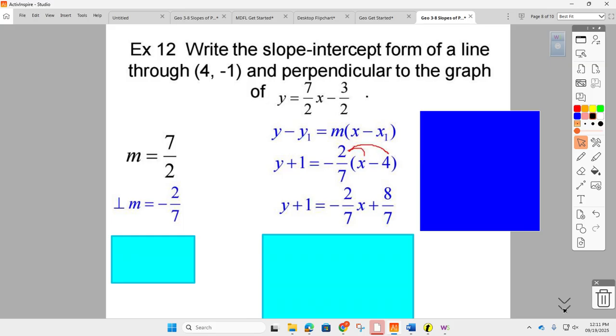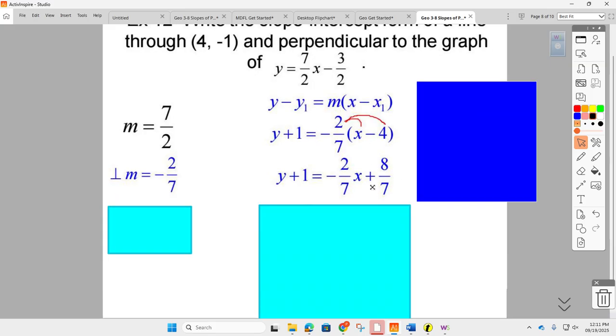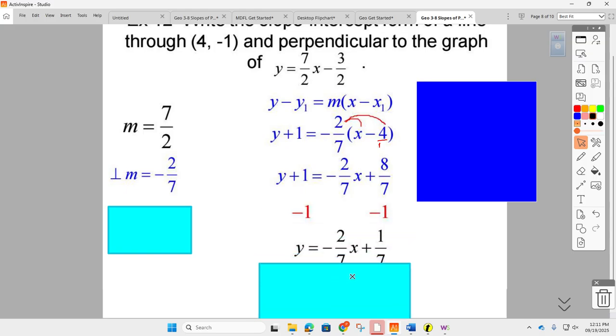Negative times a negative is a positive. 2 times 4 is 8/7. You can put this over 1 if you need to make more sense to you. And now we just need to subtract the 1. And so the equation of the line that's perpendicular to this line and also goes through this point is y equals negative 2/7x plus 1/7.